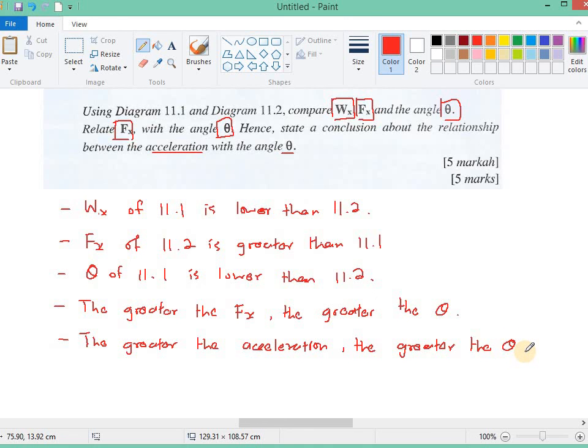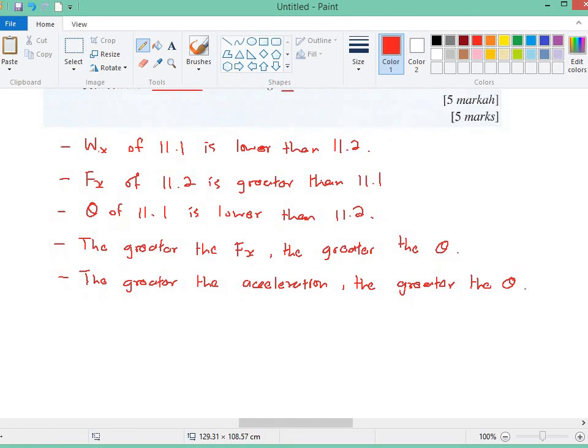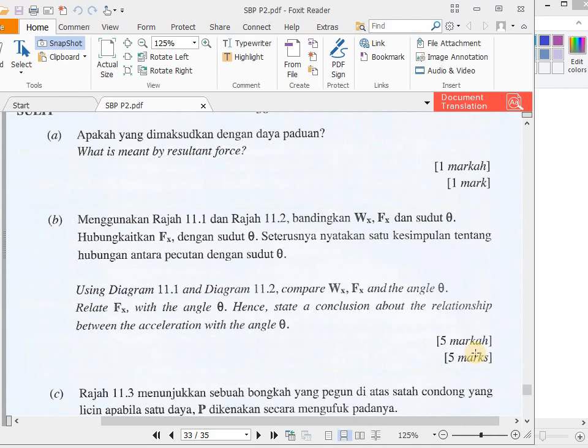So there are 5 marks, very easy. This kind of question you must get full marks, because this is very easy. Any question? Okay, next.